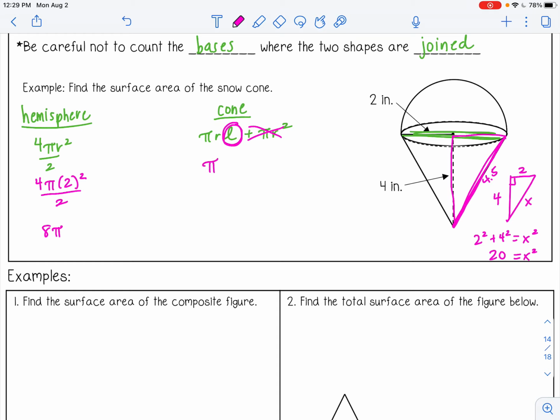So pi times 4.5 times 2, that's 9 pi. Now, remember we're finding the total, so lastly I want to add these together, so that would be 17 pi inches squared, or about 53.4 inches squared.